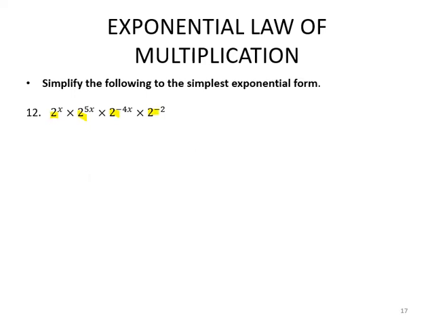So the first exponent is x, so x plus 5x's. 1x plus 5x's gives you how many x's in total? It gives you 6 x's. Then take your 6 x's and minus 4 x's. What do you get? 6 minus 4 leaves you with 2 x's.